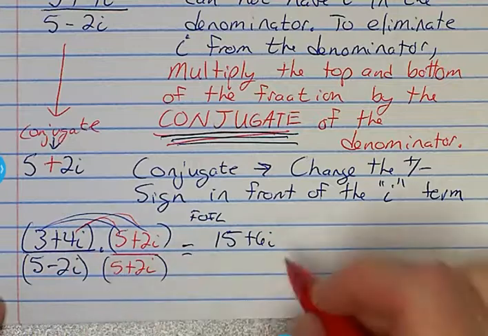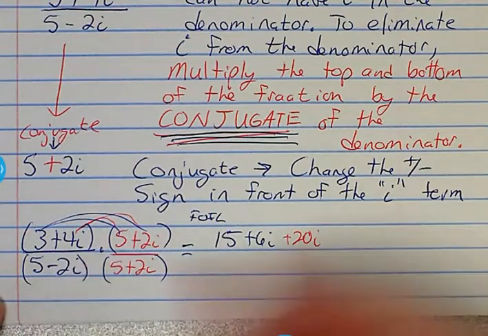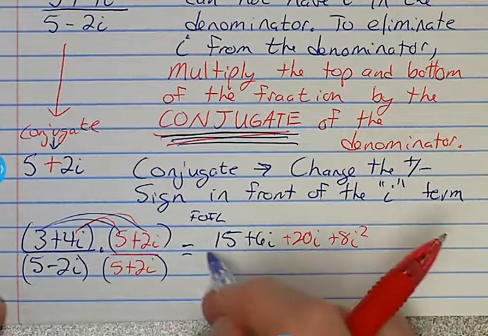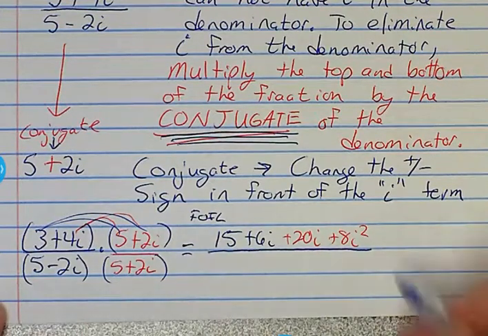So 4i times 5 would be 20i. And 4 times 2 would be 8i squared. Okay, and we'll come back and get the bottom part in a second, so let's finish out the top part.